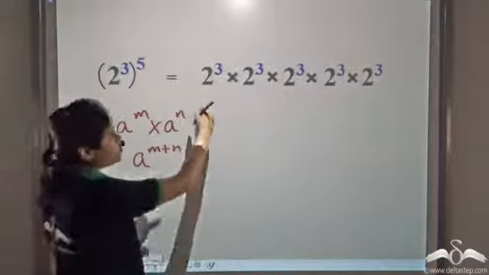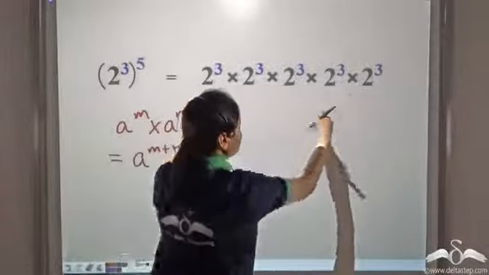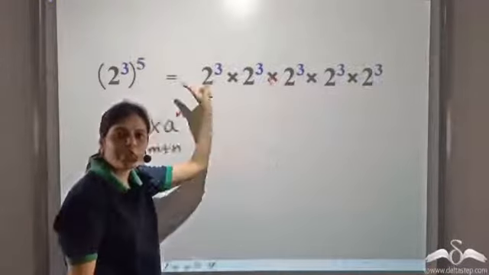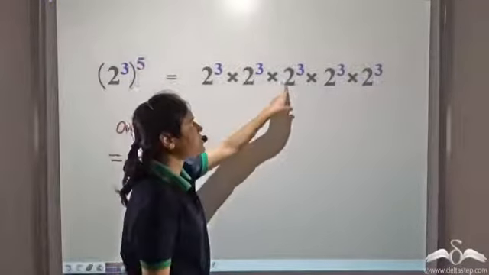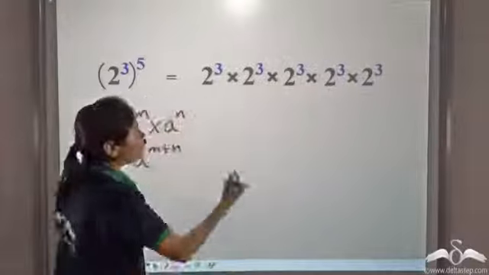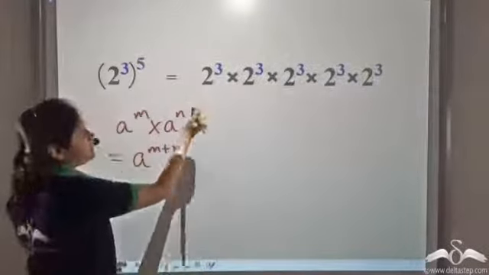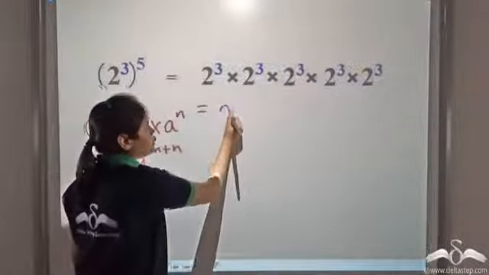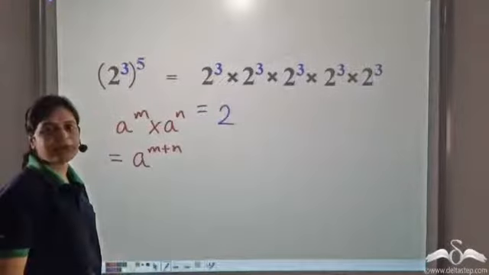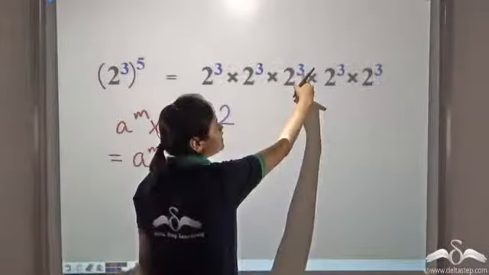In this case also, we see that the base is same. These are exponential numbers being multiplied and the base is the same. So we should add the powers. So we write the base as it is and add the powers.